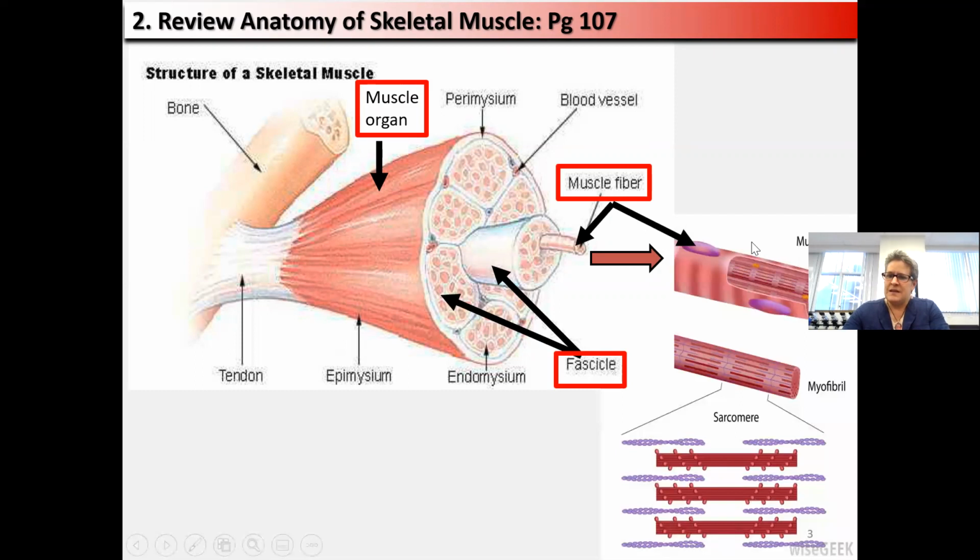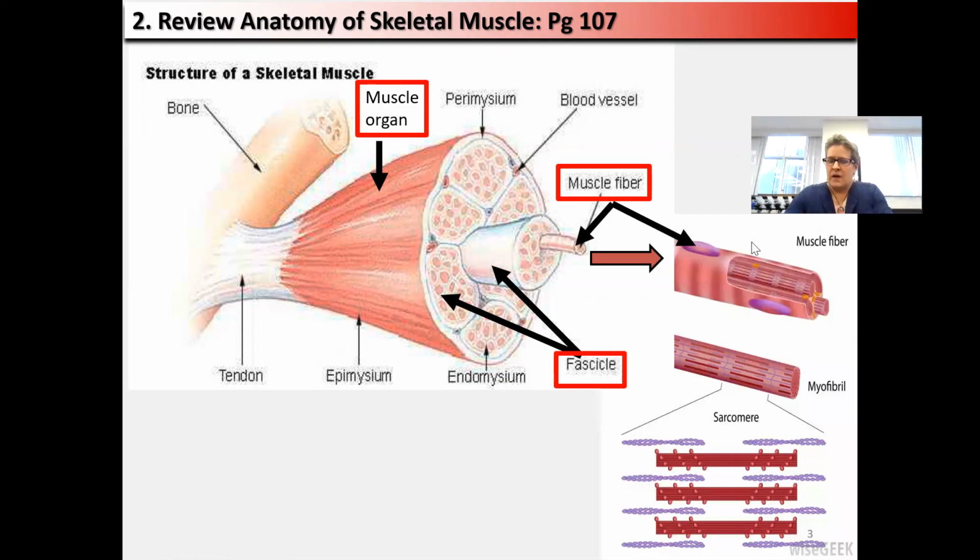Inside a fiber are many repeating units called myofibrils, and each myofibril has repeating units of sarcomeres. The sarcomere is the functional unit of muscle contraction, meaning when muscles contract, they're contracting at the sarcomere level. Okay, so all the vocab for these is found on the next slide.